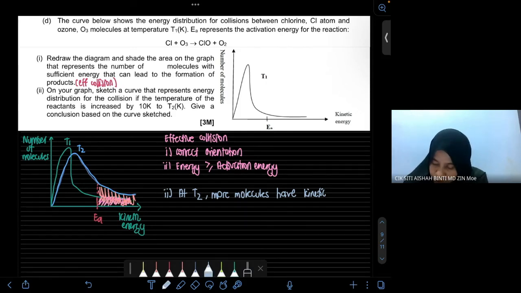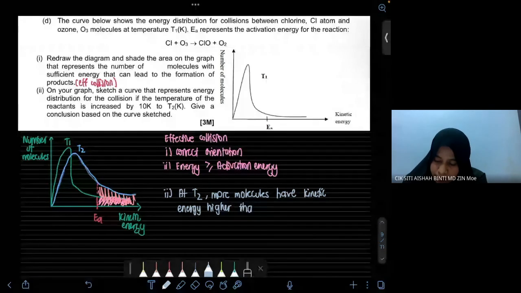More molecules have kinetic energy higher than activation energy.